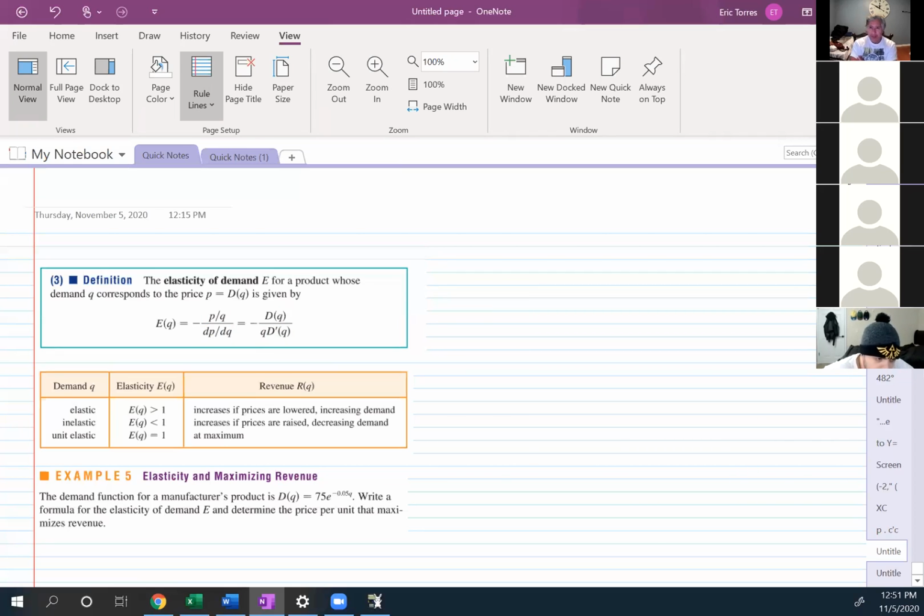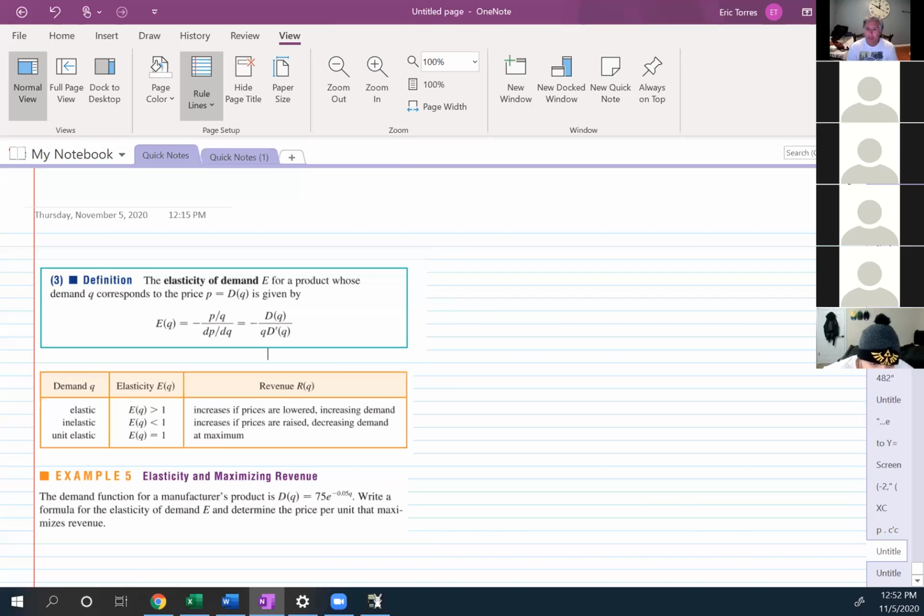If the elasticity function is larger than 1, we say it is elastic, which means if prices are lowered, demand increases and revenue increases.